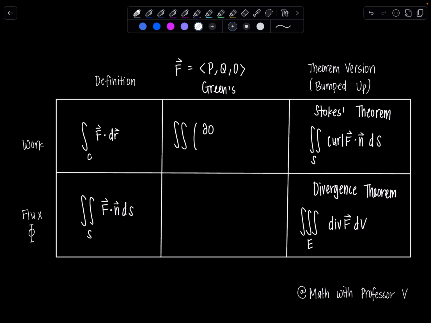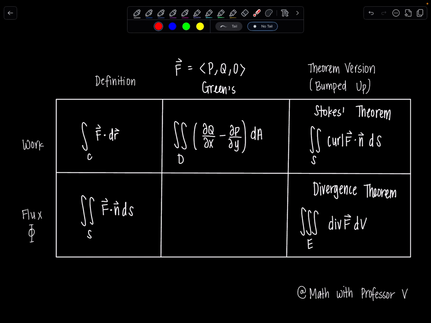You get ∂Q/∂x minus ∂P/∂y after you dot it with the normal dA. And that's Green's. That's all it is. So this Green's theorem for work is Stokes' theorem on a vector field with 0 component for z. Not so commonly used.